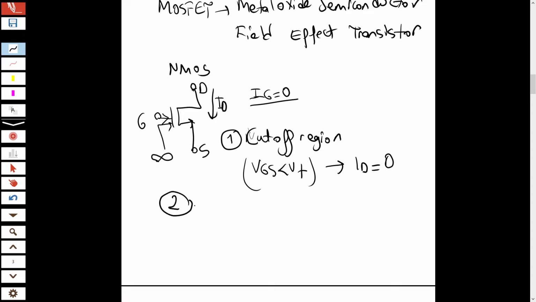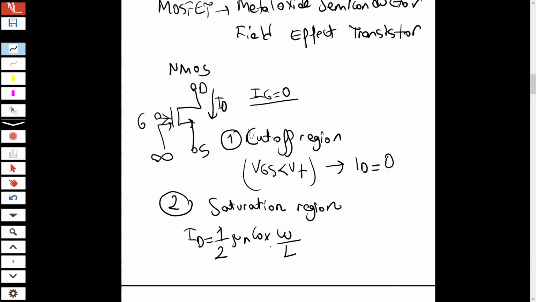Second region is saturation region, and if you use MOSFETs for the purpose of amplifying, you use it in saturation region. In saturation region, we find ID current with this formula: 1 over 2 UN Cox omega over L times (VGS minus V threshold) squared. VGS is the voltage drop here.